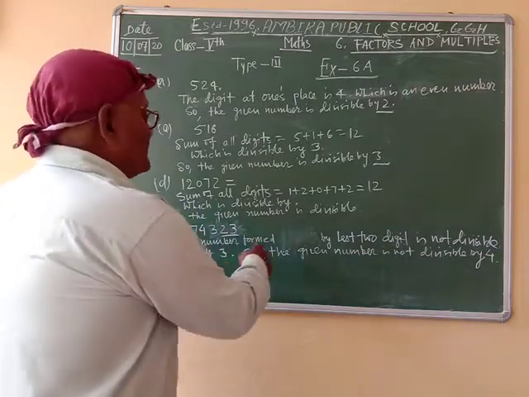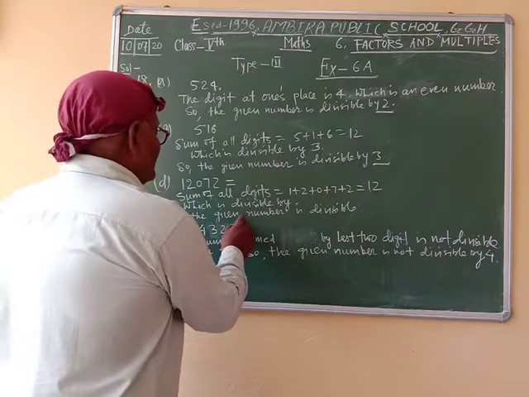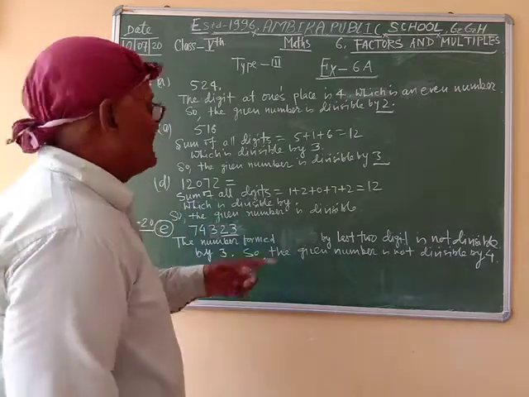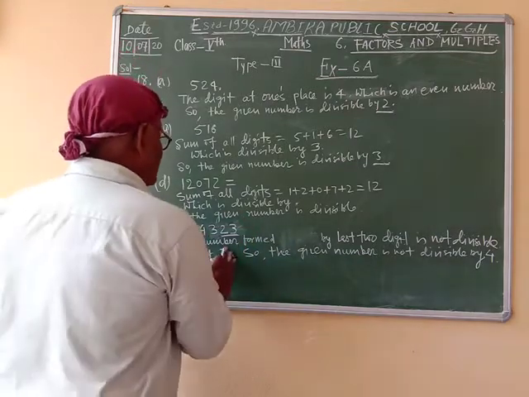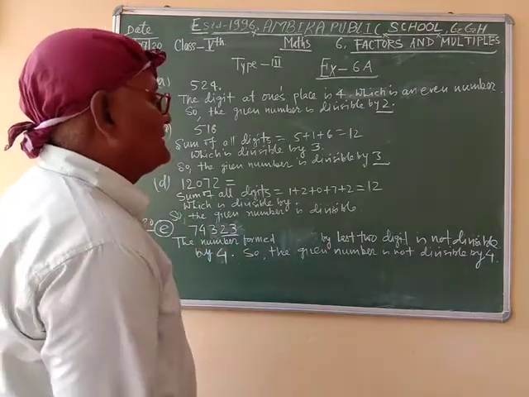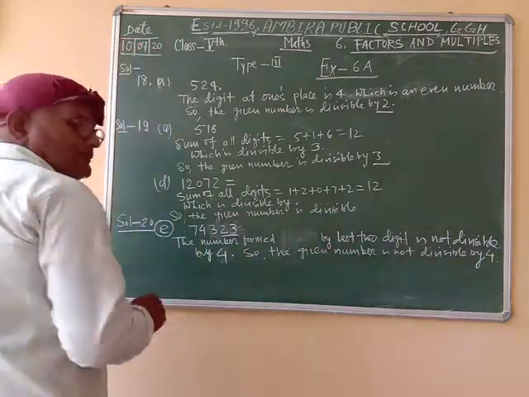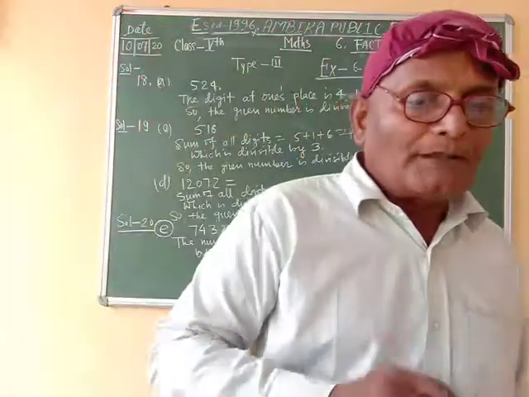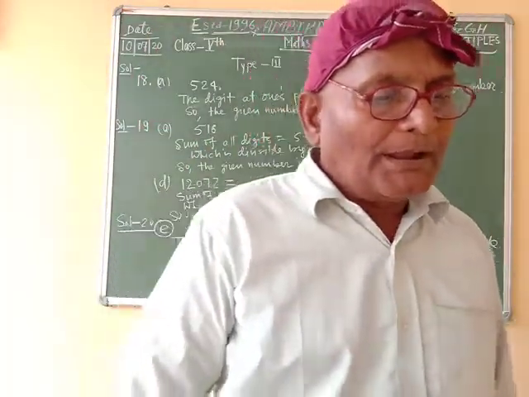Here the number formed by the last two digits is 23, which is not divisible by 4. So the given number is not divisible by 4.